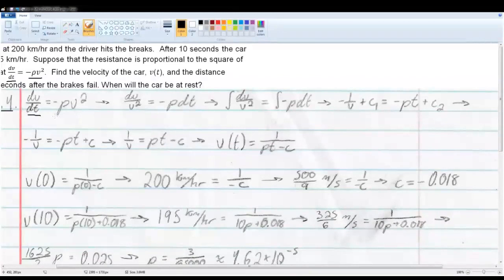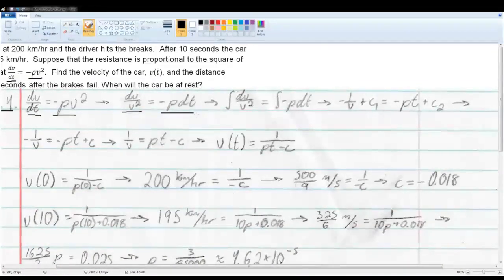Acceleration equals negative rho v squared. We can divide by v squared on both sides, leave negative rho on the right side, and multiply by dt on both sides. So we've separated the variables, v on one side and rho on the other.